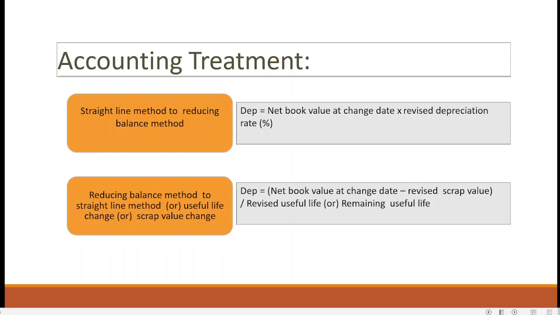Then we charge again on the written down value, not on the fixed amount. Straight line is always a fixed amount on the original amount. So let's say if the asset has a life of 10 years, then the depreciation rate comes to 10%, 100 divided by 10.